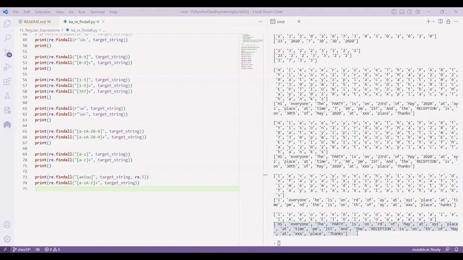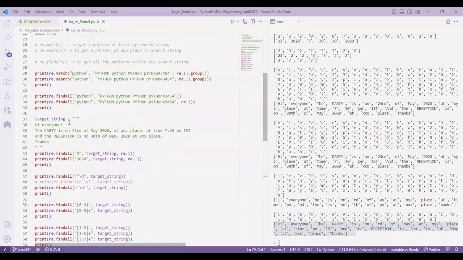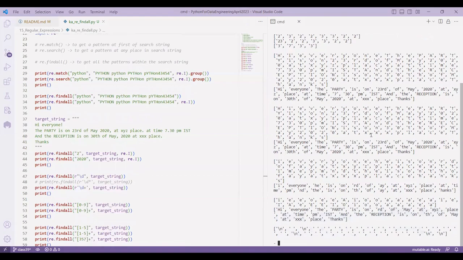Let me go for one more thing. Till now we have been doing the presence of everything. In the last leg, let me go for the presence of slash s. This is really, really important. Presence of slash s means white space, and there can be plenty of white space.